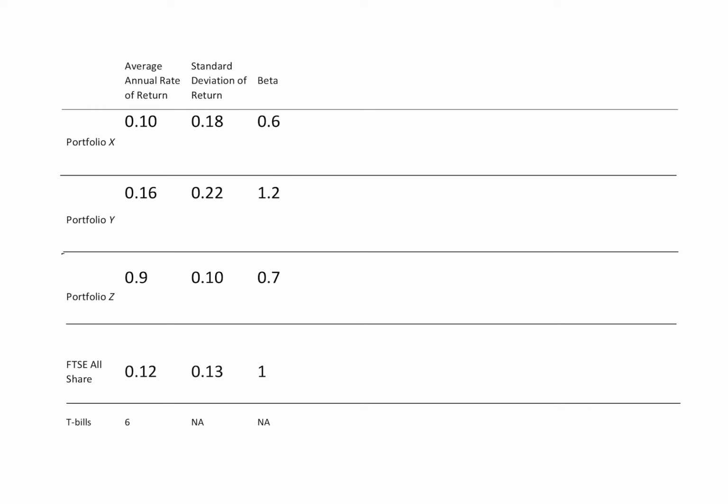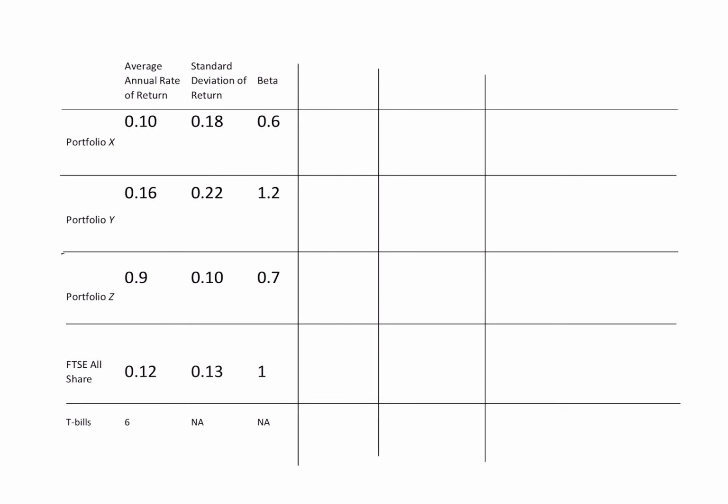So what we have, we've converted everything to decimals, and let's say we want to calculate three different measures: the Sharpe ratio, the Treynor ratio, and the Jensen alpha.